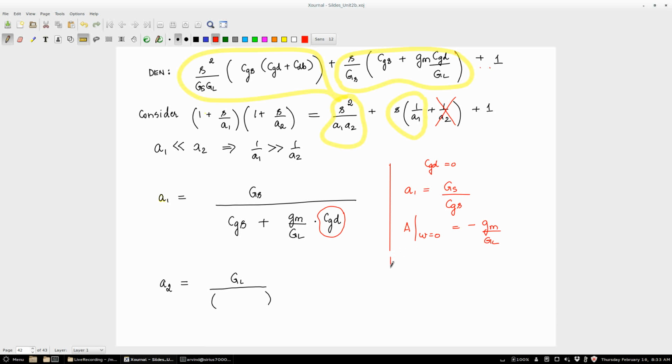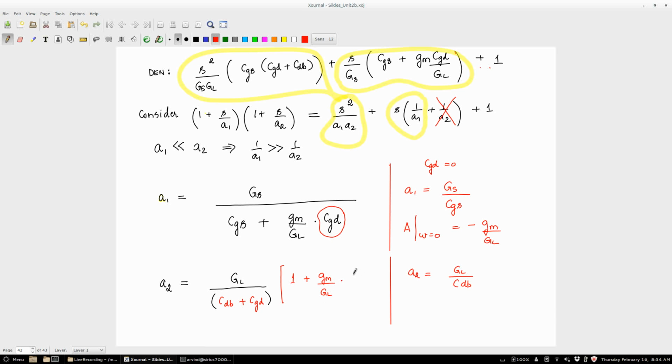Okay. Now, what about A1? What about A2? Tell me. Okay, what is the expression for this when you don't have any CGD? We'll write that first. Your A2 becomes GL by CL plus CDB. Correct? That's only to do with the output things.